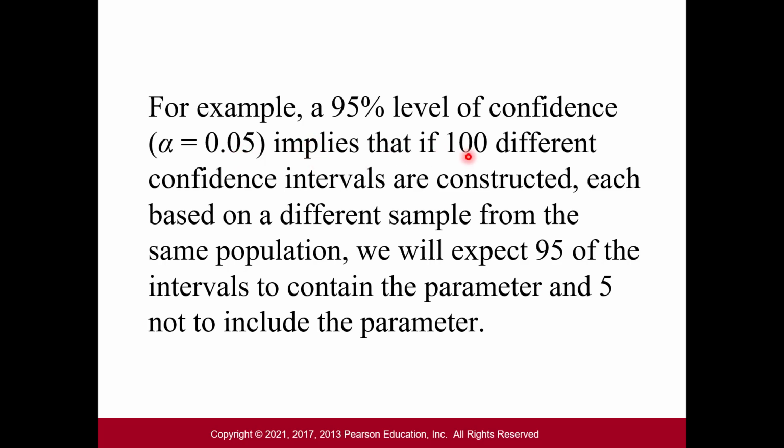This implies that if 100 different confidence intervals are constructed, each based on a different sample from our population, we would expect 95 of the intervals to contain the parameter and 5 to not include the parameter. Okay, so our guess is the parameter, and with such a high confidence level, we're saying 95 out of our 100 samples should have this parameter in it.